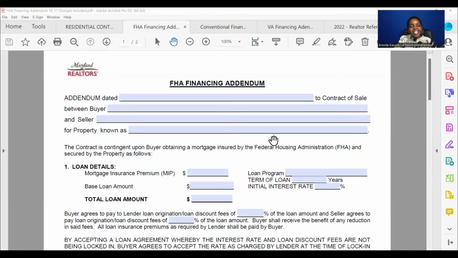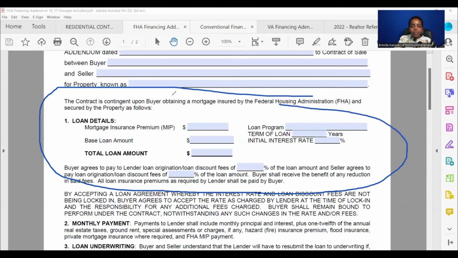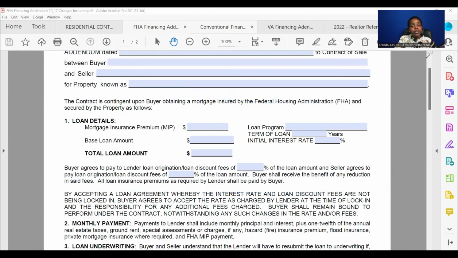The one part that we slow down a little bit is this part, because some of my friends are usually asking, how am I filling that out? Some lenders will put it on the letter, or you can get that number from your lender if they did not put it on the letter.